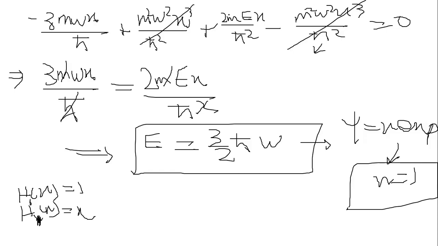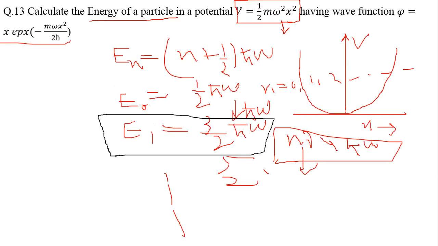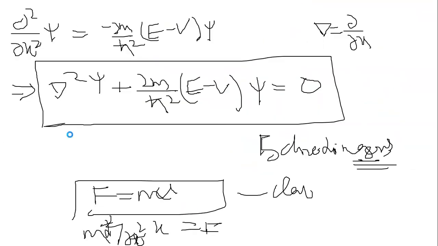This potential V equal to half m omega squared x squared is a known potential, so its wave function is known.